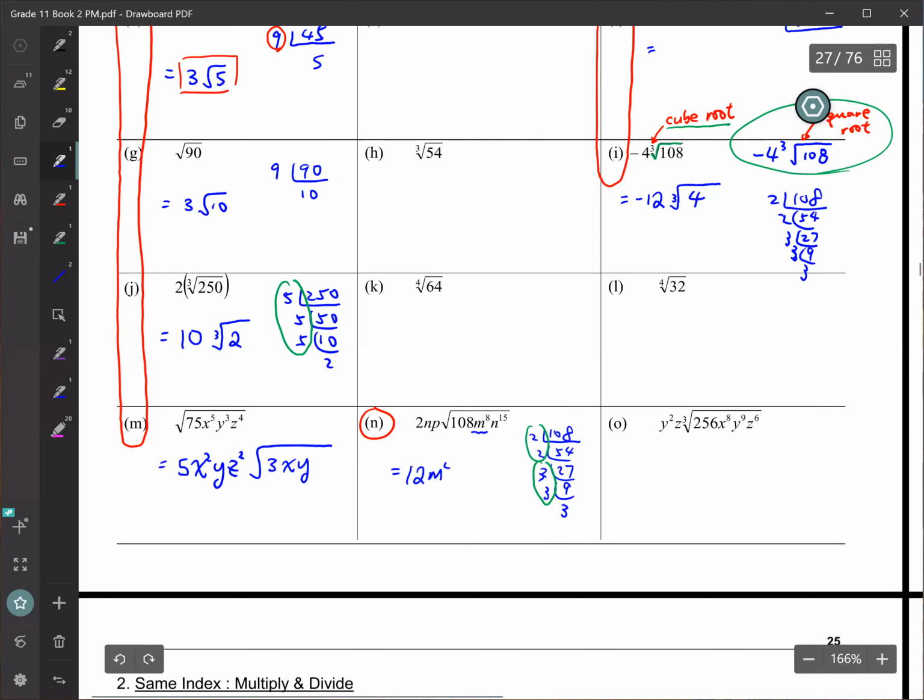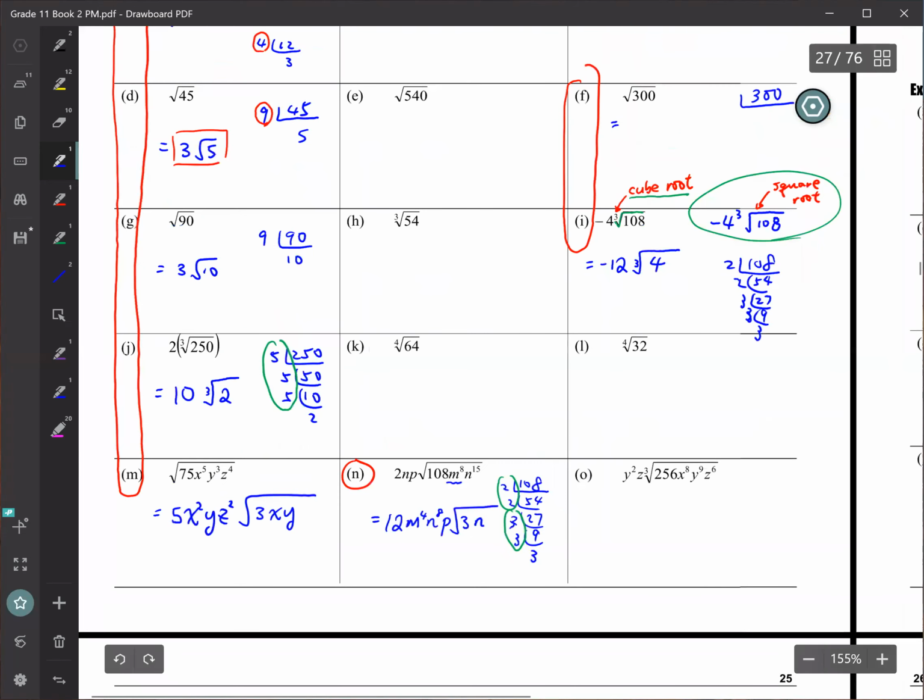So m to the 4, okay? And then how about the n? 7. 7 pairs, okay? The outside already has 1, so 8. Yeah, n to the 8. And then p. Okay, now we need to know what's still left inside. 3 and 1. Yeah, 3n to the 1. Okay, very good.